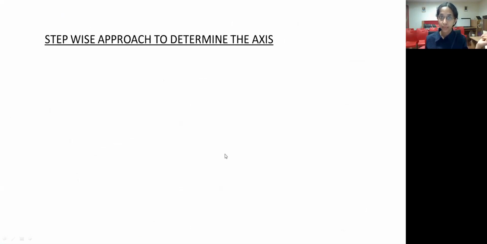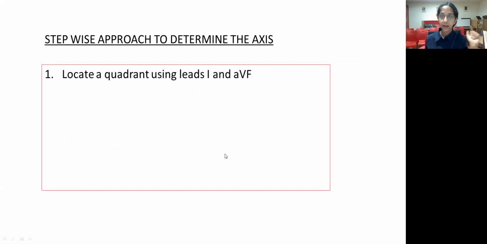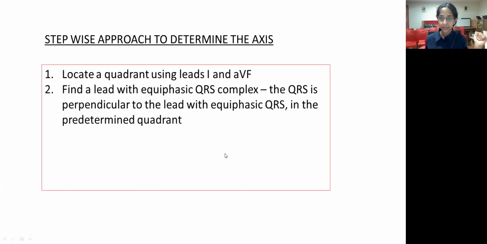So once you locate your quadrant, then after that you see which lead has an equiphasic QRS complex. If you have the same R and S voltage, then you know that the QRS is going to be perpendicular to that lead. For example, in lead 1, if I have equiphasic QRS, then I know that it's going to be perpendicular to that, that means in the direction of AVF.